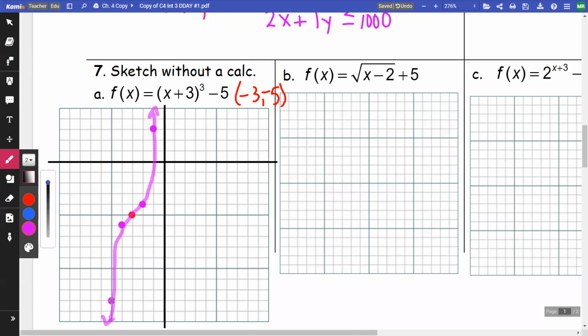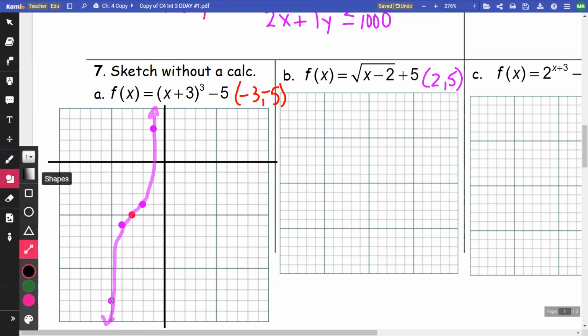On the next one, this is a square root graph. So half of a sideways parabola. My vertex is going to be at 2, 5. Okay, so let me draw that graph in. I'm going to scoot it over a little bit.